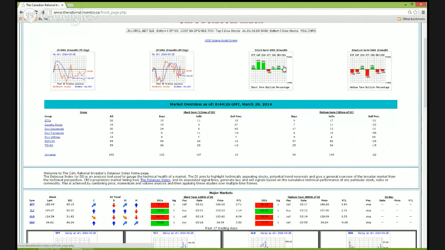In an overly bullish situation, all of these bars go green. Overly bearish, all of these go heavily red. And when you see heavily red on both the short and medium term, those are usually fantastic market bottoms. Conversely, when everything's overly green on both the short and medium term, it's an excellent barometer for market tops.